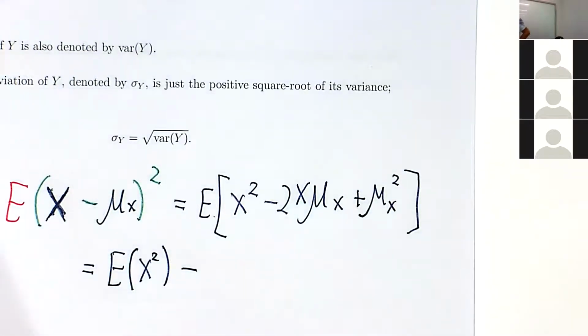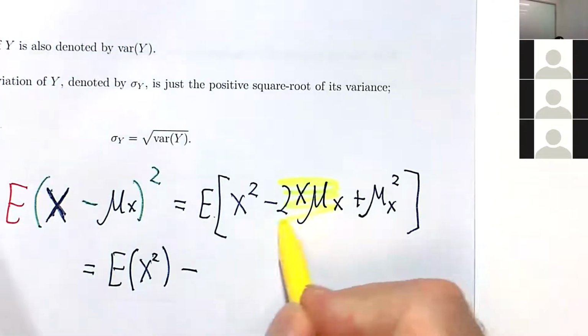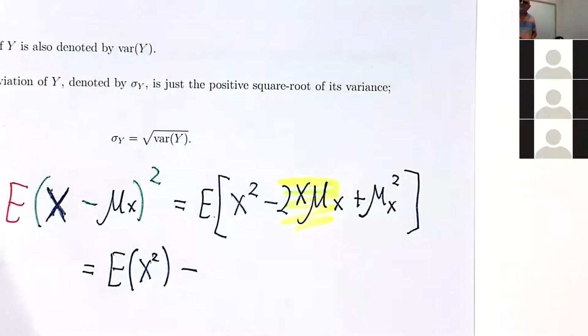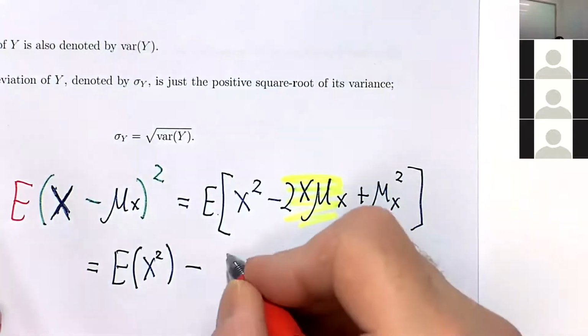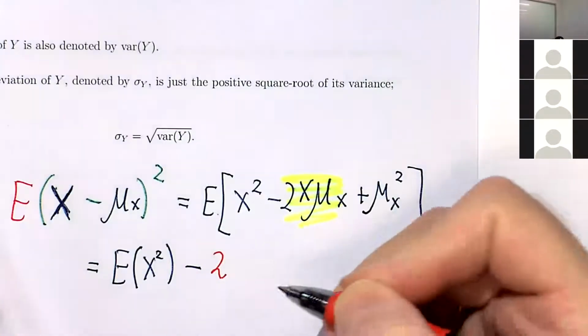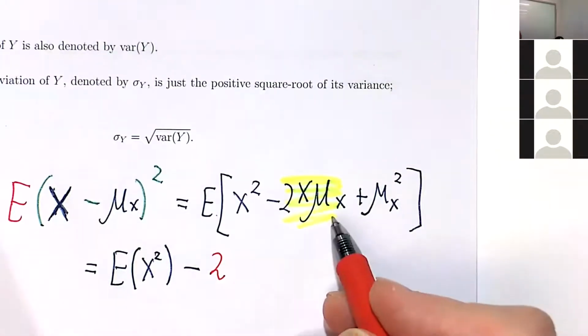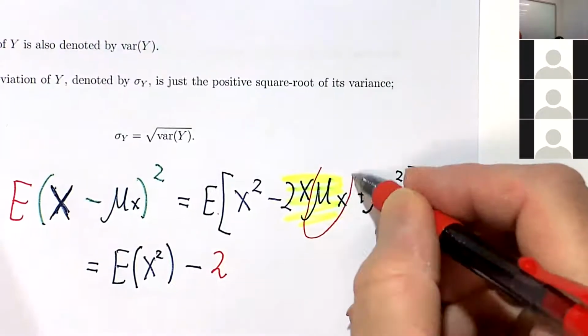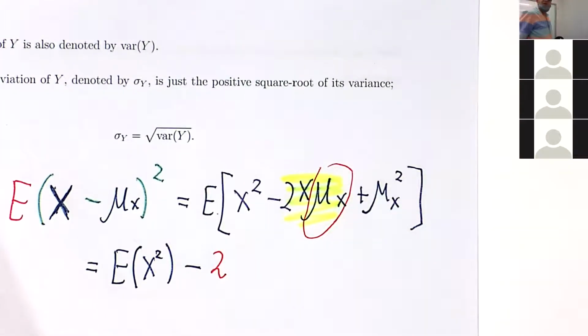minus. Now, when we come to this middle part here, with expected value, 2 is a constant, and as such, it will come in front of the expected value. So minus 2, and now we have mu x. What is mu x? Mu x is the mean of the population of the random variable, and as such, it is a constant.